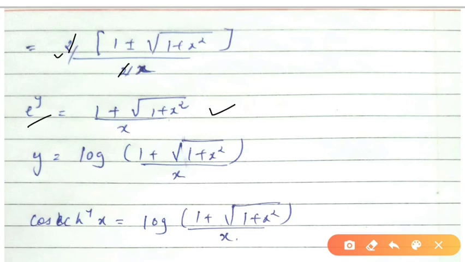So when I take logarithm, this will turn towards y equal to, here I will apply logarithm, and we have assumed in the starting of the proof that y equal to cosec h inverse x. So I will replace it here: cosec h inverse x equal to log of 1 plus under root of 1 plus x square upon x.